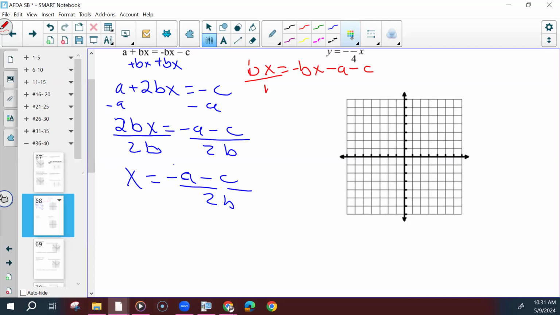And then if you divided everything by b, you'd have to do this individually, and then would still have to add x over and still divide by 2b. You end up with a lot of fractions. So you could do that, it's just a lot of fractions. Other questions on that?